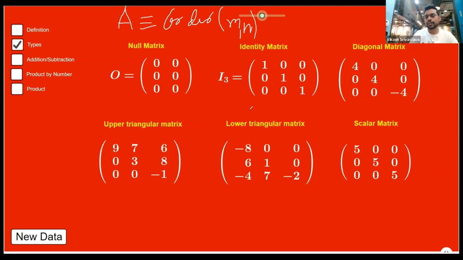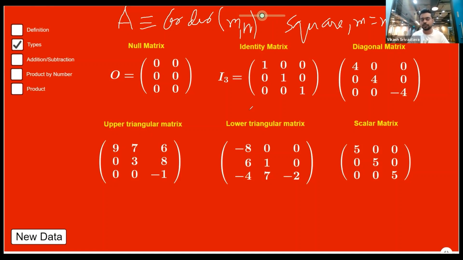For a square matrix, there is a condition that m is equal to n, so your number of rows has to be equal to the number of columns. Essentially any matrix of order 2 cross 2, 3 cross 3, 4 cross 4, 5 cross 5, all these are square matrices. But any such matrix for which you don't have m equal to n, we call a non-square matrix.